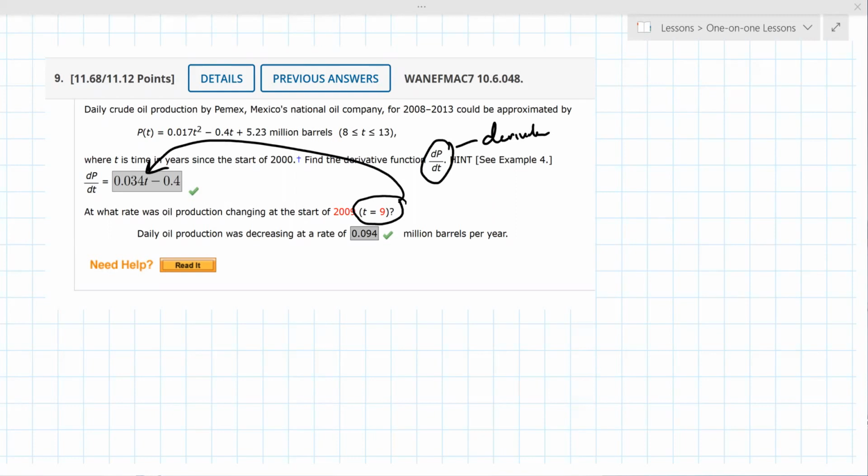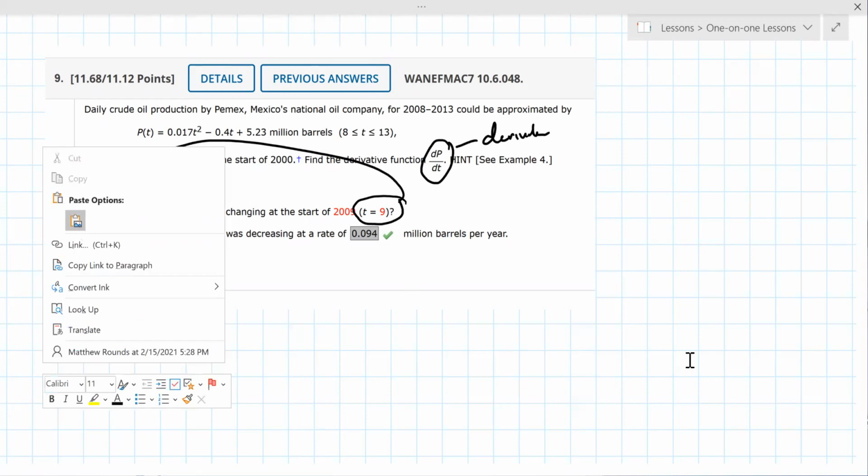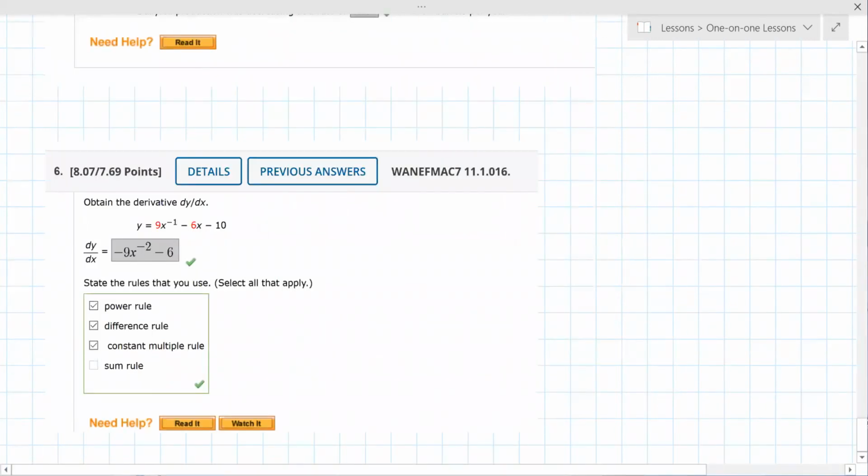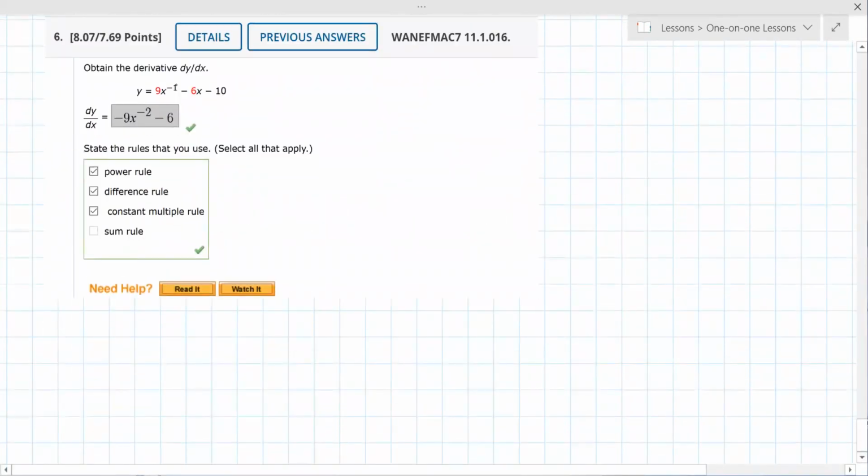Looking at 11.1, it has a ton of derivatives. Let me pull up this question because it is sometimes unclear which derivative rules you're using and why. This one just asks you to find the derivative, which is no big deal. You're using power rule for the most part.